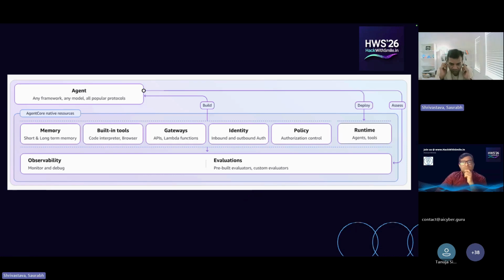So this is a view on how an agent works. So this is like your agent. You can use any framework. Framework could be, like AWS has the Amazon Bedrock, and very popular is the LangGraph, or you can use the Crew AI, any kind of framework, any model you can use.